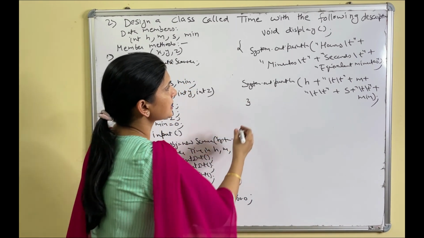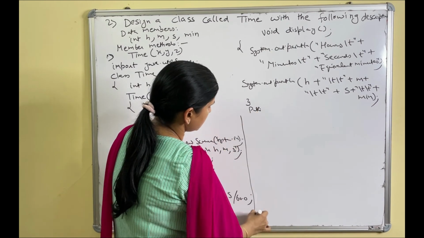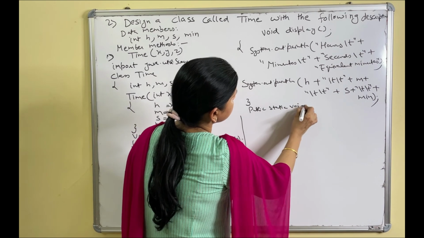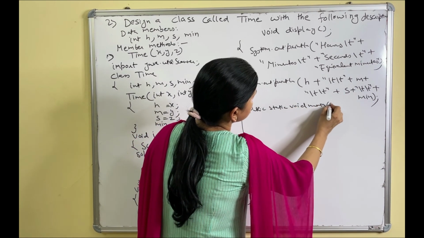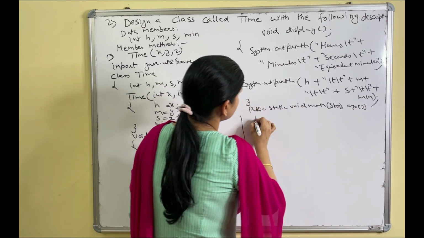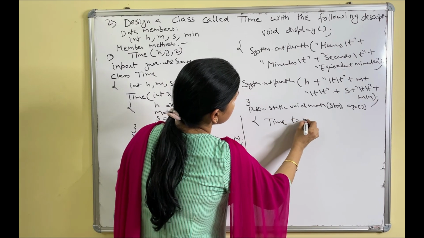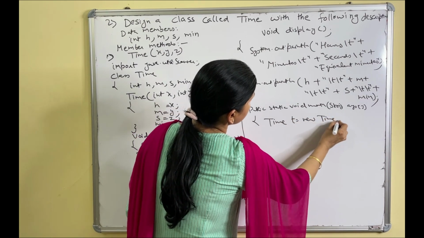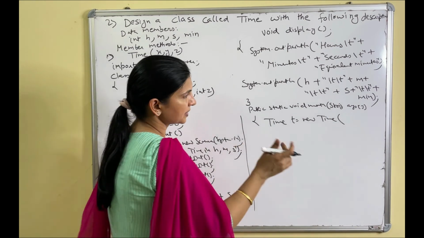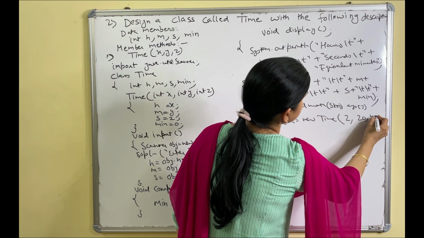Now the last is the main method. So public static void main(String args[]). So first we will declare Time t equals new Time. So we will invoke the parameterized constructor, this one. So hours, minutes, second. I am giving here 2 hours, 20 minutes and 40 seconds, right?